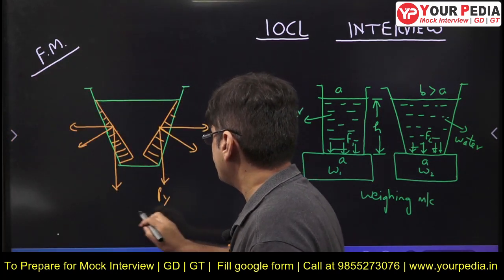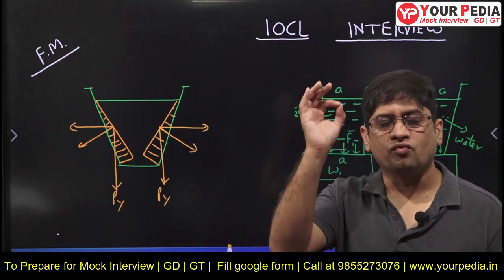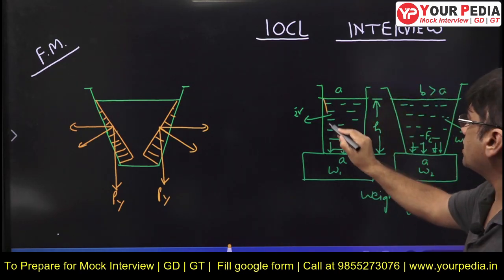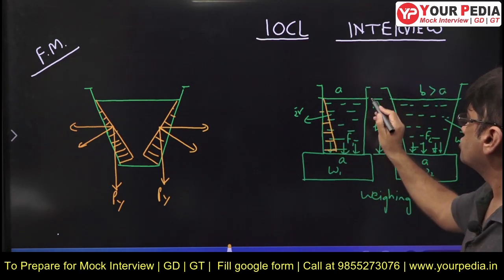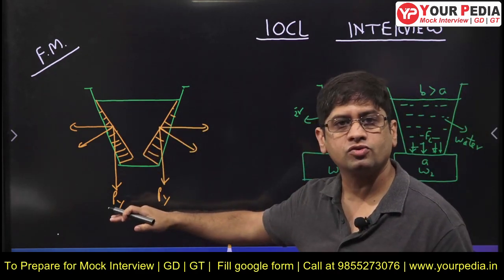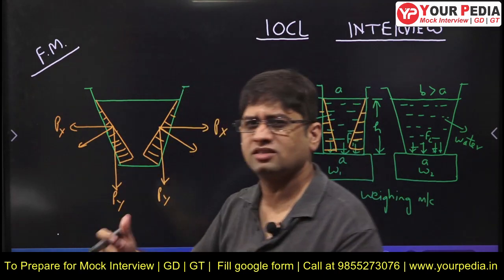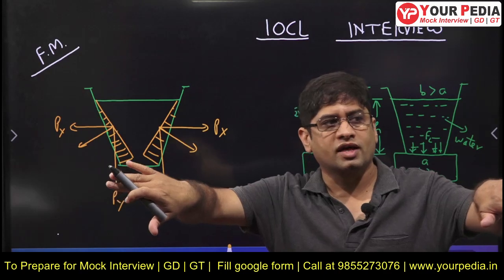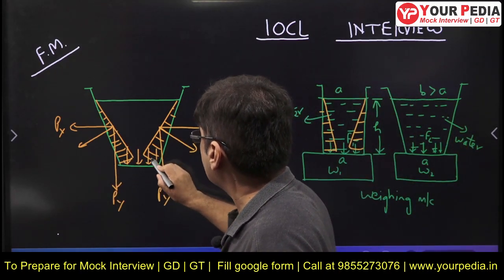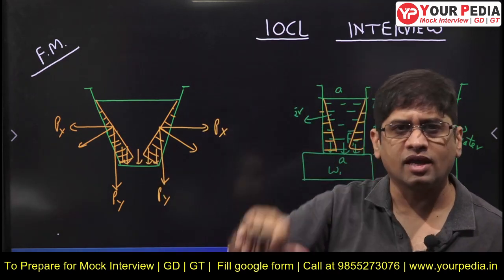Similarly for this side also, one component is horizontal, another is vertical. This is Py. So there was no vertical component in the previous diagram. There, hydrostatic pressure is acting only horizontally. But in this case, there is a vertical component also. This is not pressure, this is a force. The horizontal component of force, Px, will cancel out, but the vertical component is added to the hydrostatic pressure force acting at the bottom, as in the previous case.